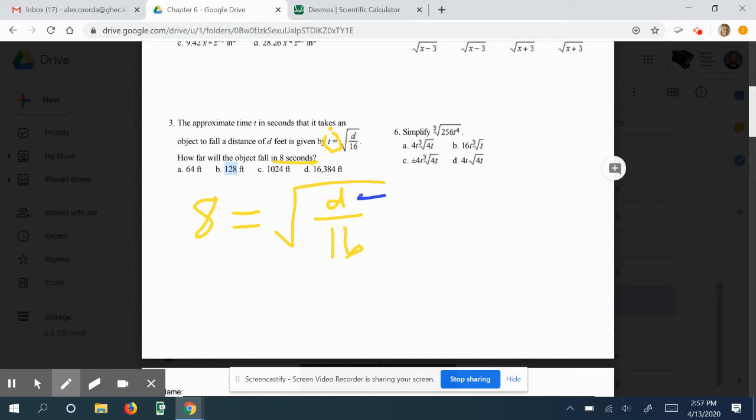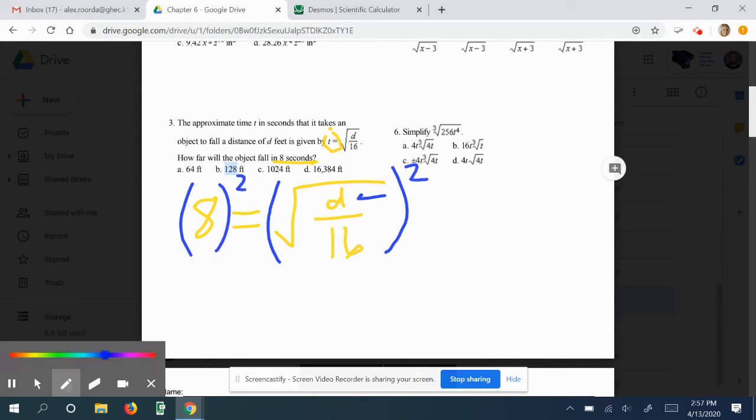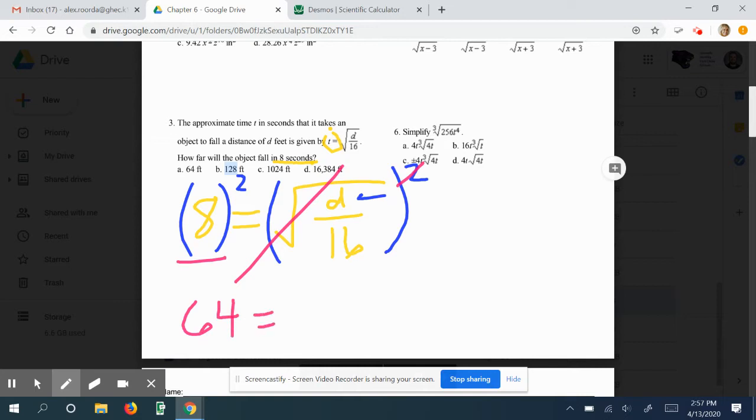So if I want to get d by itself, I first have to undo this square root. The opposite of square root is square, so the square and square root cancel, and I get 8 squared, which is 64, equal to d over 16. So we have to solve for d, our distance.